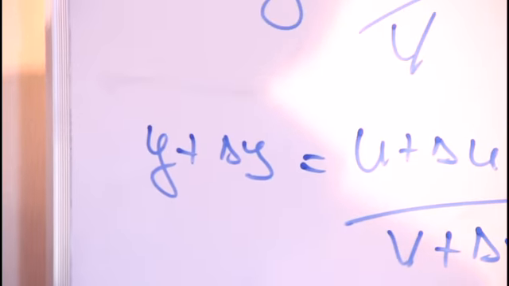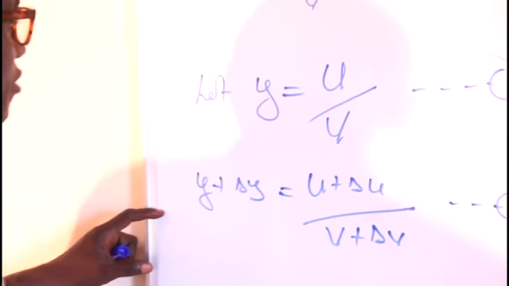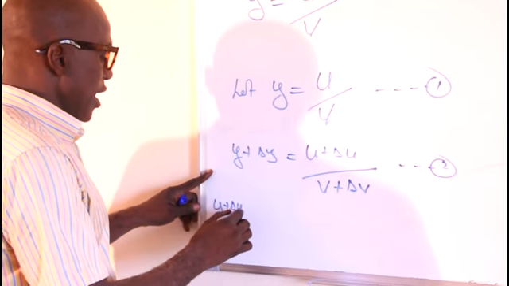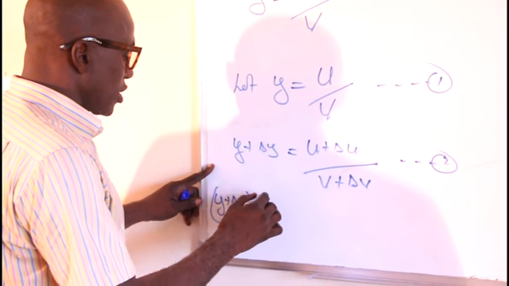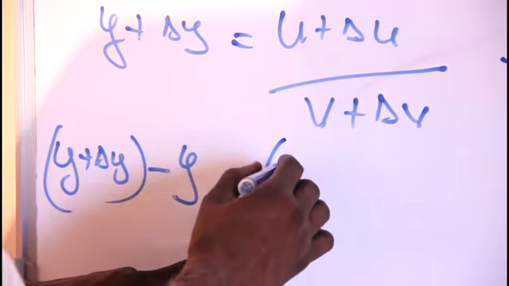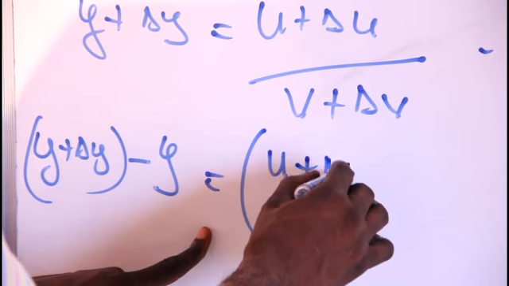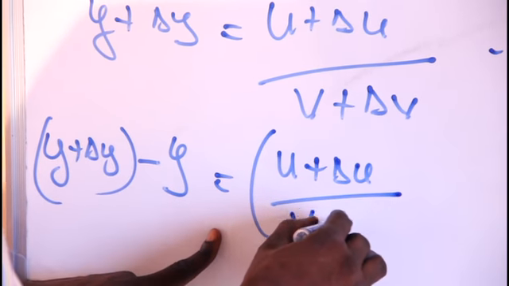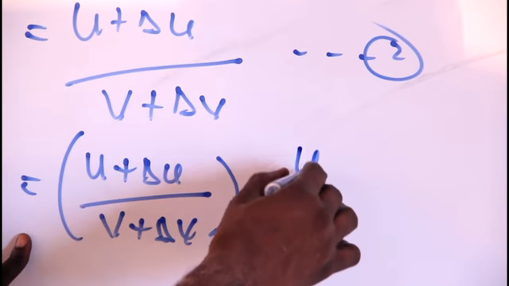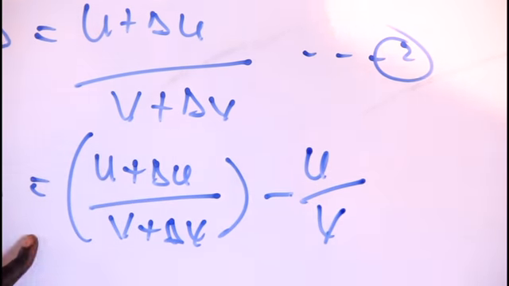Then you subtract equation 1 from equation 2. If you do that, see what you have. This will give you y plus change in y minus y, being equal to u plus change in u over v plus change in v, minus u over v.